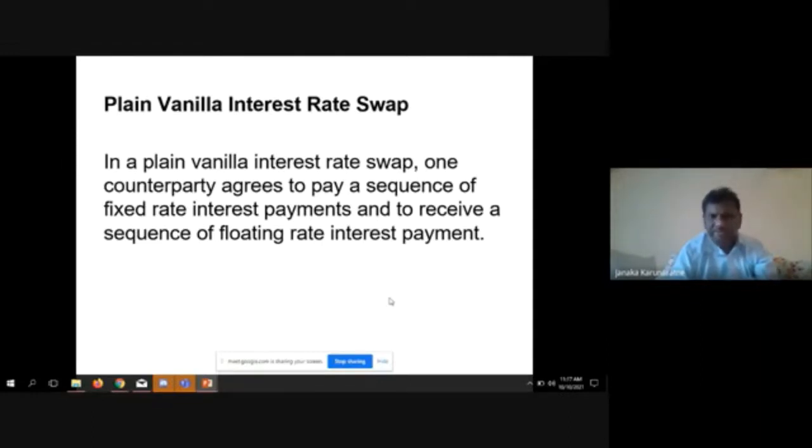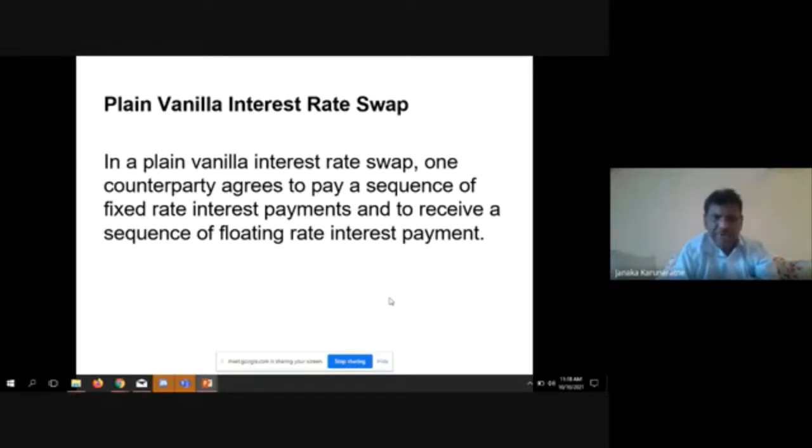So, in a plain vanilla interest rate swap, one counterparty agrees to pay a sequence of fixed rate interest payments and to receive a sequence of floating rate interest payments. So the two parties, one pays fixed, the other pays floating.